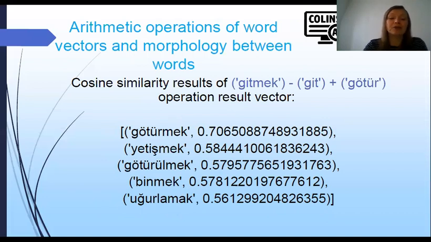Arithmetic operation of the word vectors and morphology between words. The first 5 word vectors with the closest cosine similarity to the result vector of the operation gitmek minus git plus okumak are shown below. According to the results, the obtained vectors are clustered by cosine similarity, referring to the formal feature of the infinitive suffixes mek and mak.